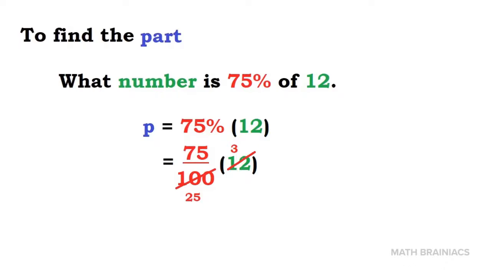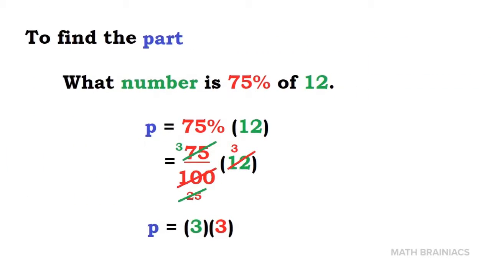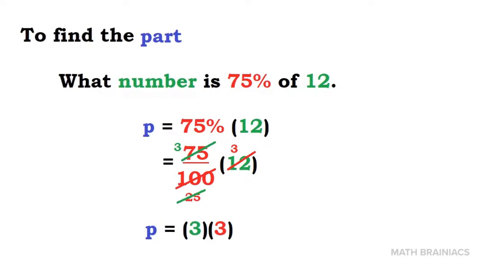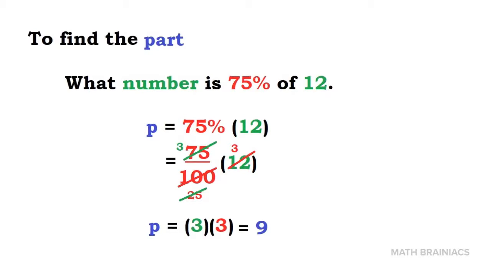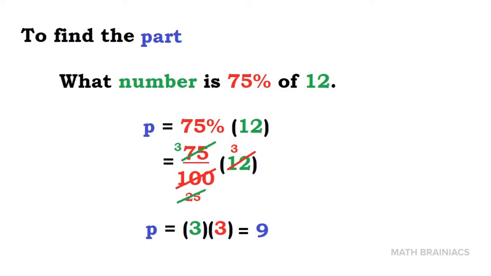Therefore, 25 divided by 25 is 1, and 75 divided by 25 is 3. Therefore, we can simplify the equation as 3 times 3. For that result, P is equal to 9. Accordingly, 9 is 75% of 12. It is easy, right?